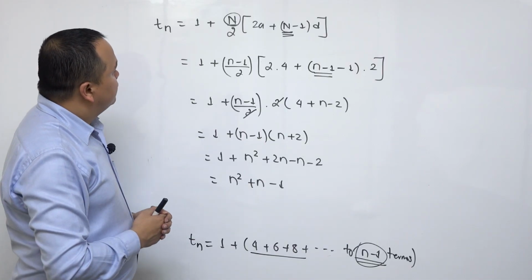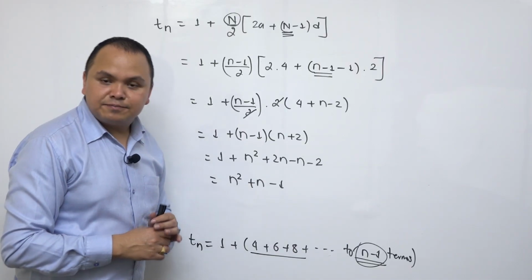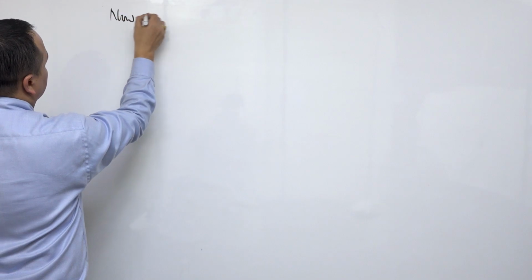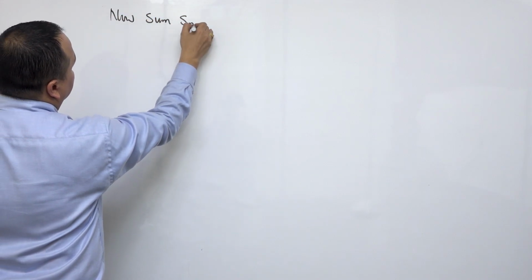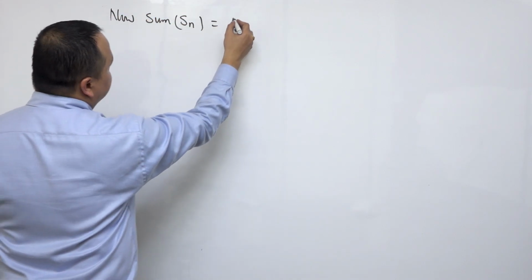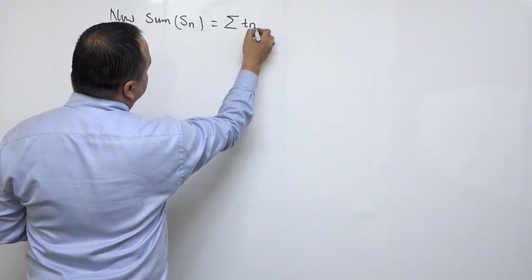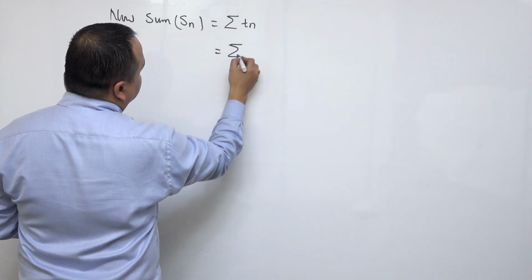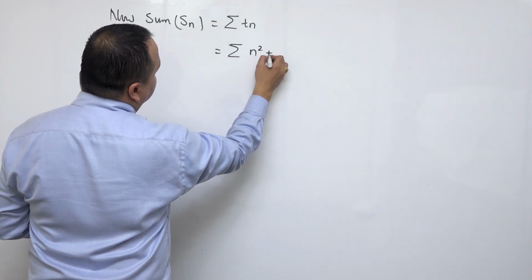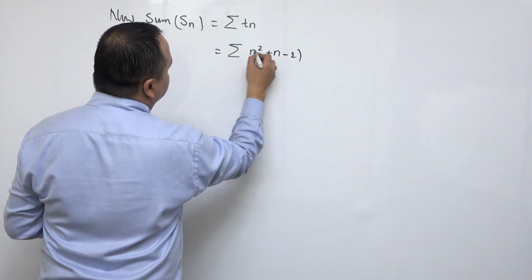Now for the sum part. Sn is sigma Tn. Sigma Tn is n square plus n minus 1.